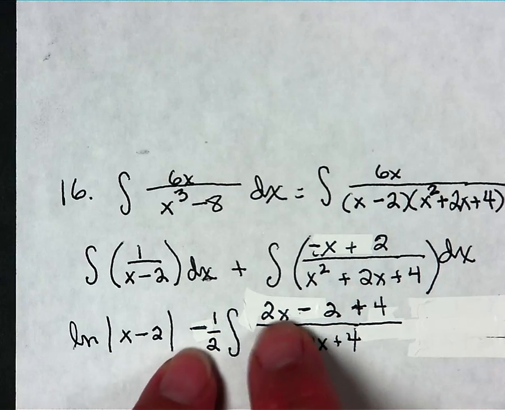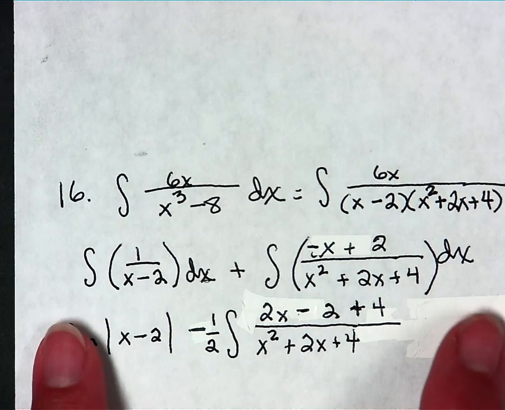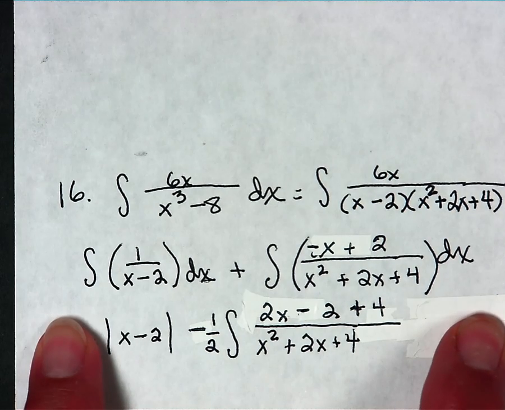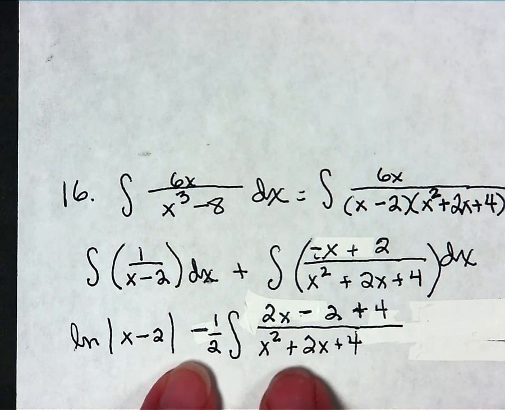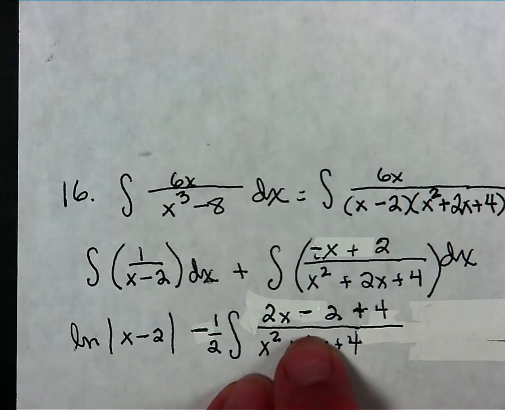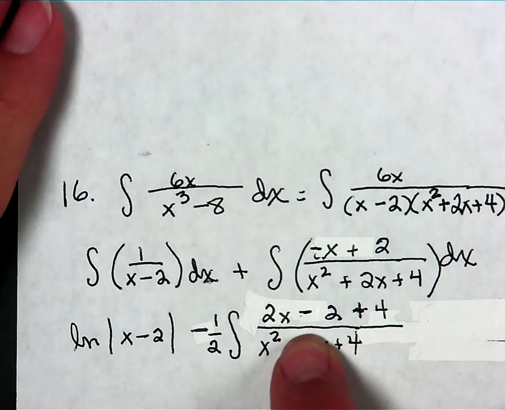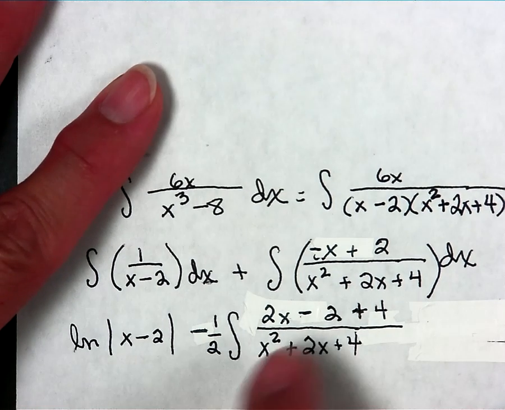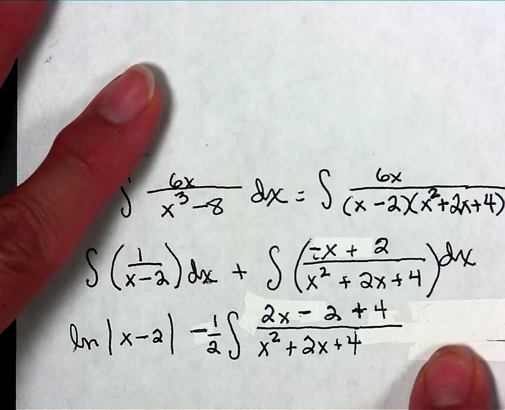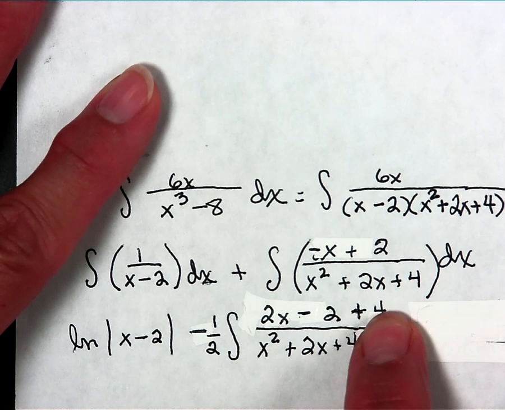That gives me the 2x that I want legally, and then I want plus 1. That's a plus 2.